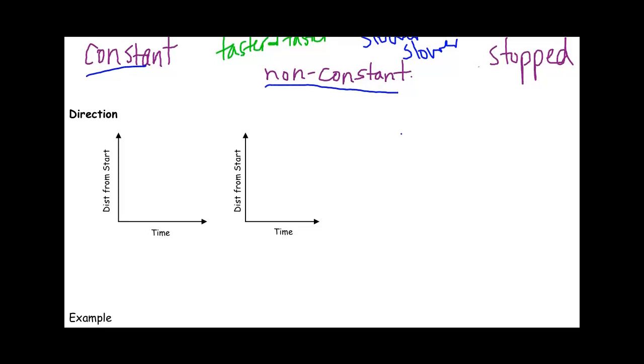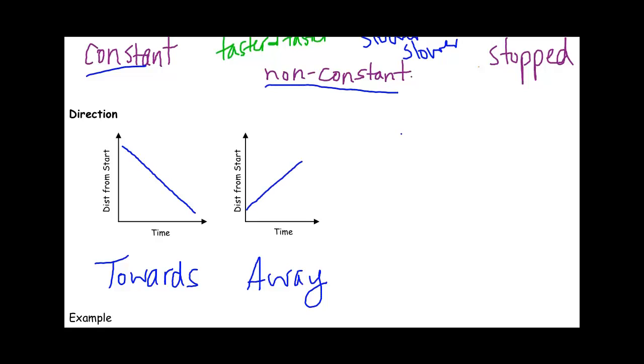So when we were moving towards the motion detector, or for the starting point, we noticed that the graph went down. And when we were walking away, we noticed that the graph went up. And when I say down, I'm talking about from left to right. Left to right, it was going down, and up from left to right, it's going up.